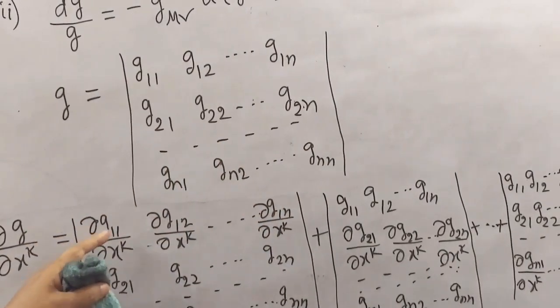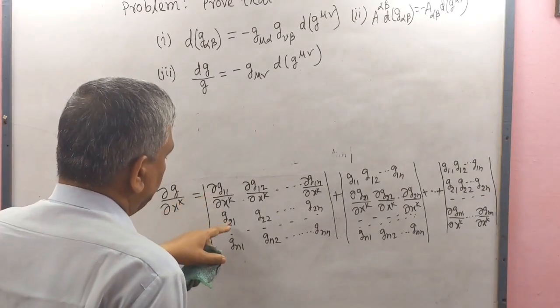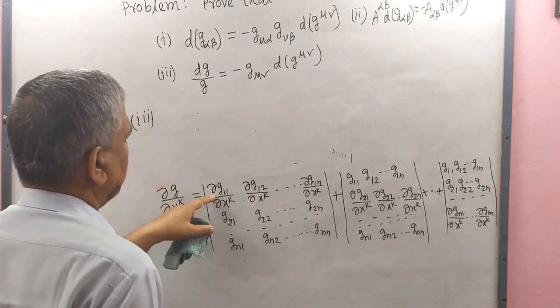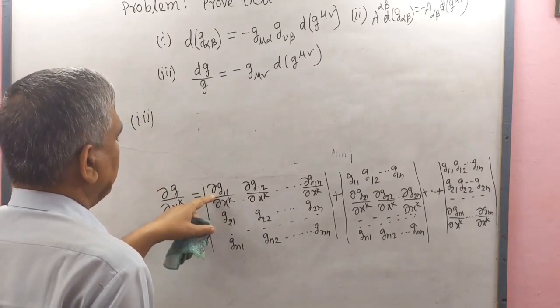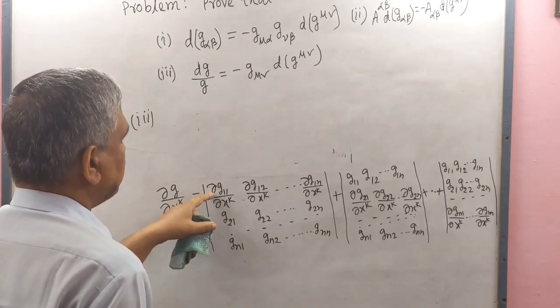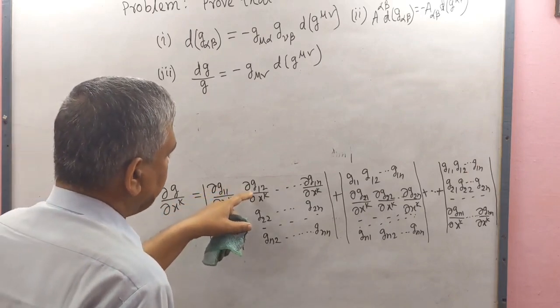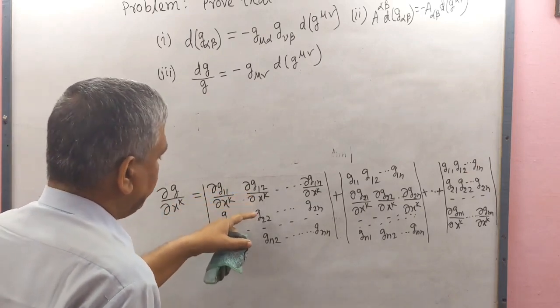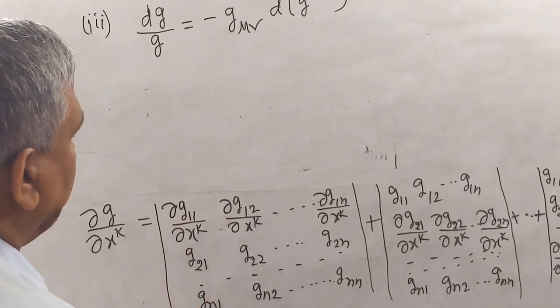If we take the determinant, we get the cofactor of this element multiplied by this element plus the cofactor of this element multiplied by this element.